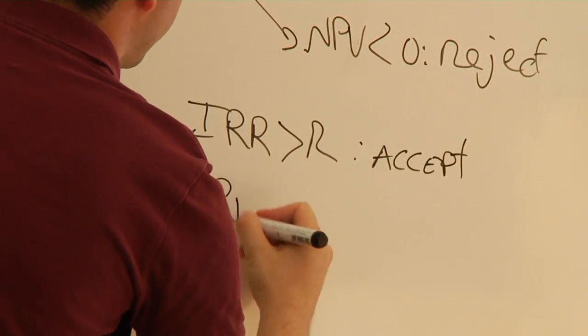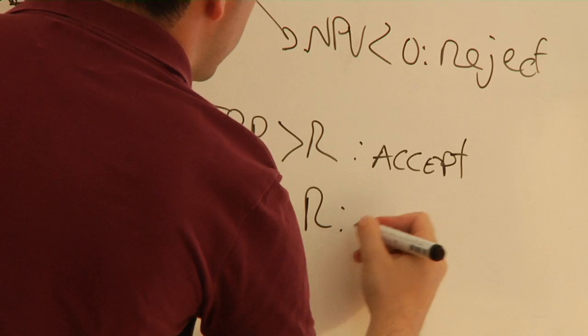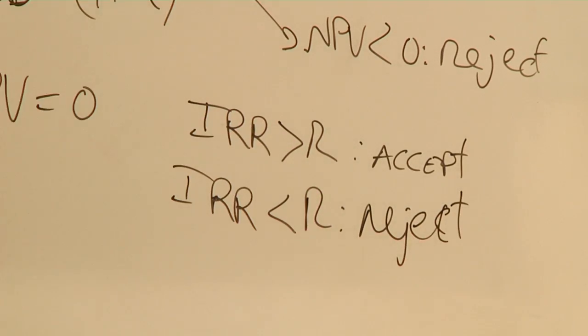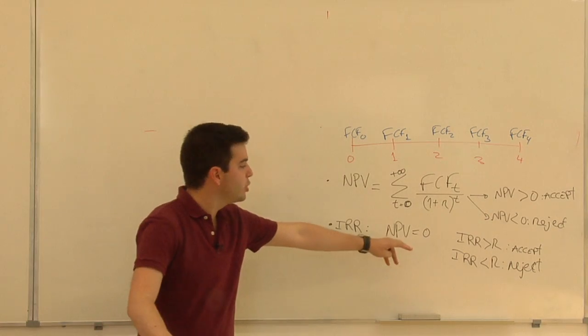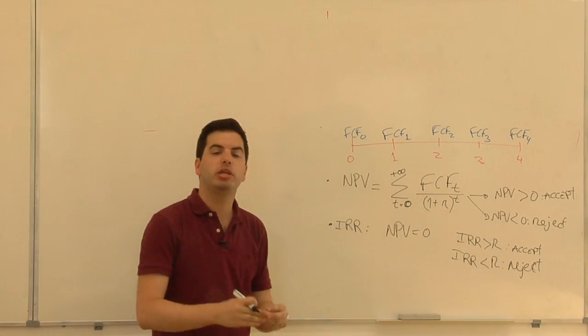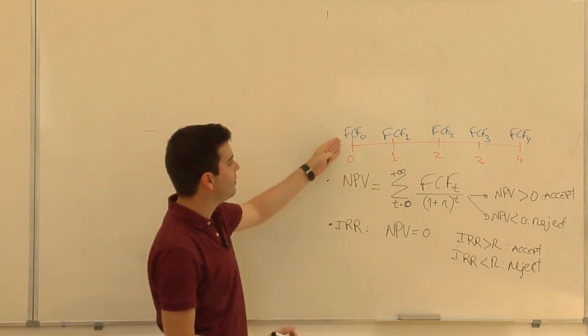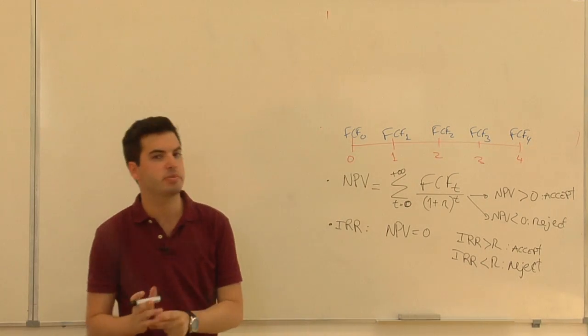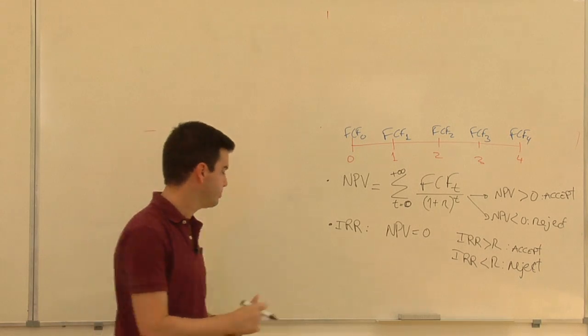And if the internal rate of return is smaller than the discount rate, you reject the project. It means that you are generating less return than your best alternative. These conclusions can be drawn in the typical examples where you have an initial investment and then cash inflows. This internal rate of return sometimes does not work properly.